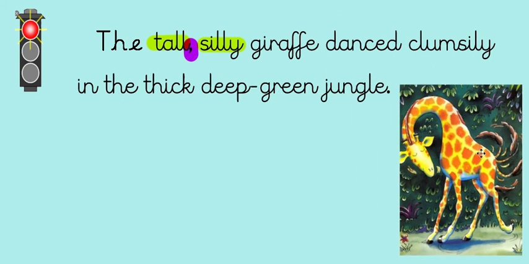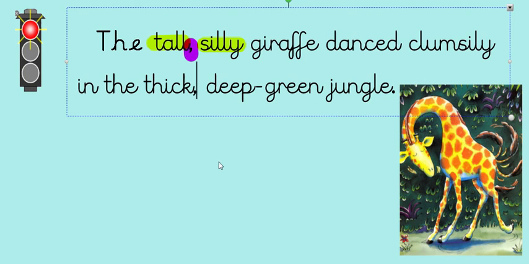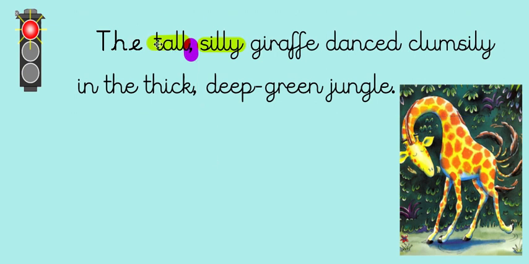What do I need to have in between my adjectives? A comma, absolutely. Let's read it again. The tall, comma, silly giraffe danced clumsily in the thick, comma, deep green jungle. So there's my adjectives, my describing words. I've got thick and deep green, it tells me what the jungle is like. And I've got a comma to split them up.